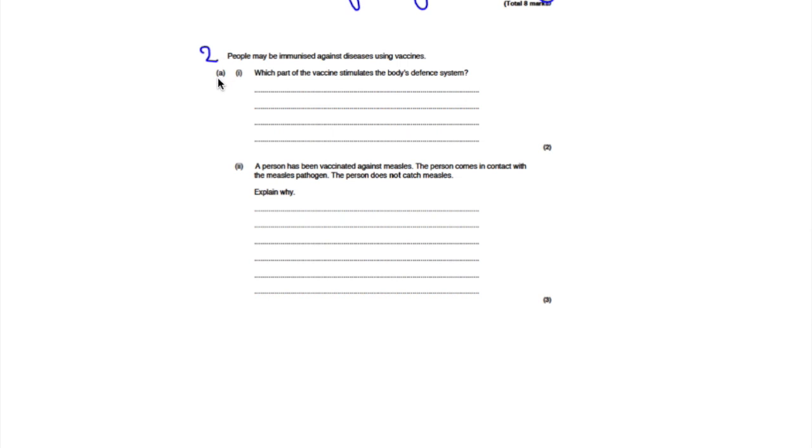Okay, question 2. People may be immunized against diseases using vaccines. Which part of the vaccine stimulates the body's defense system? And there's 2 marks up for grabs here.